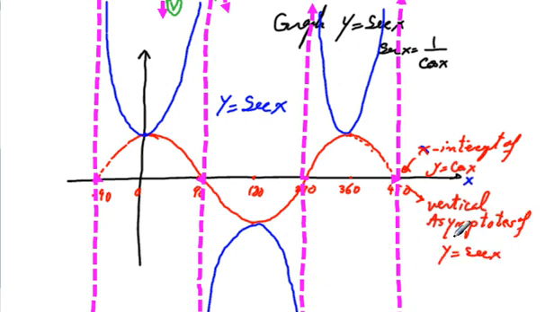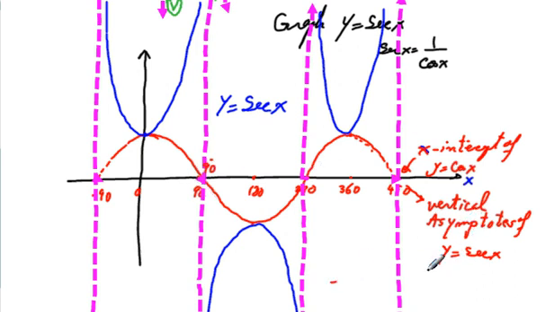Where are the vertical asymptotes? At 90, wherever you see these purple signs. How can you talk it out mathematically? How would you classify 90, 270, 450, minus 90? How can you throw them all in one bag and describe all of them at the same time? Can you find a trick to single out these numbers? So here are my numbers.